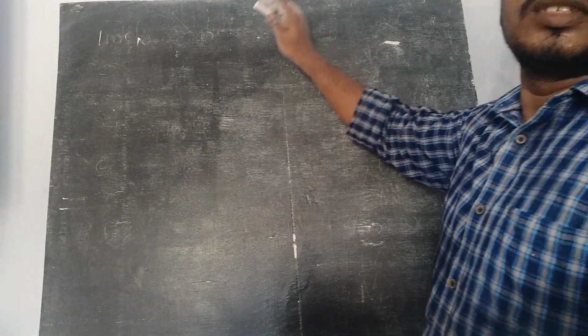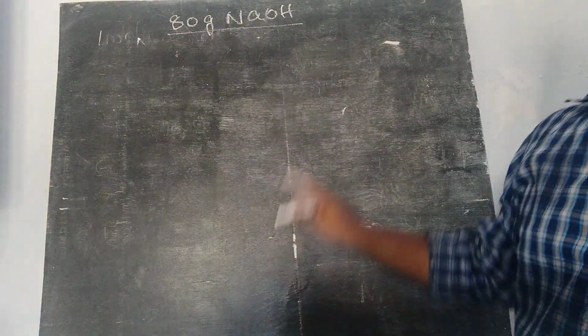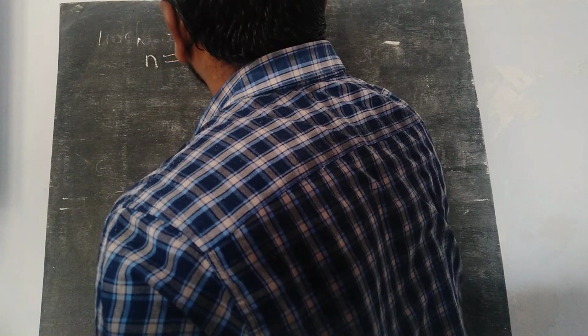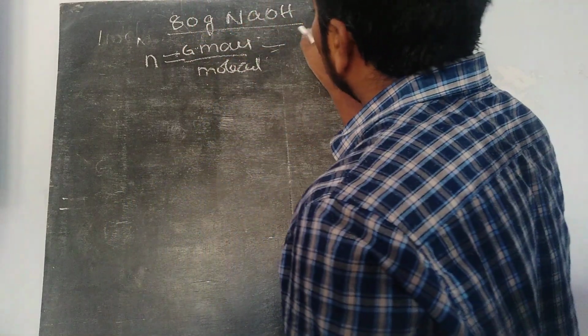Calculate the number of moles in 80 grams of NaOH. The number of moles is equal to the given mass divided by the molecular mass. The given mass is 80 grams.